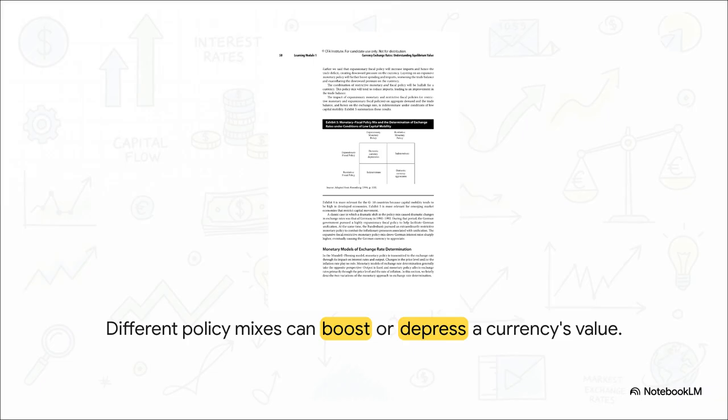And on the horizontal, you've got fiscal policy. Let's just pick one combo. Look at the bottom right box. If a government cuts its spending, that's tight fiscal policy, and the central bank jacks up interest rates, that's tight monetary policy, the model predicts the currency will appreciate or get stronger. Why? Well, because those higher interest rates act like a magnet for foreign investment, which pushes the currency's value up. Each one of these boxes shows a different policy mix with a different outcome for the currency.